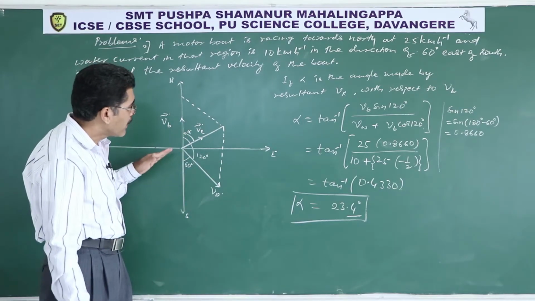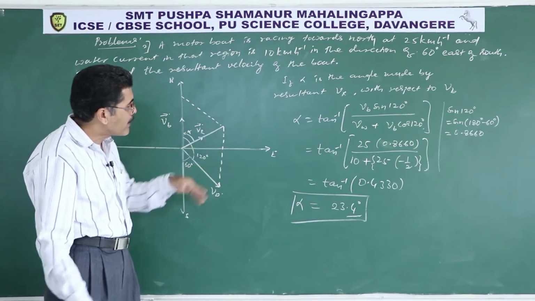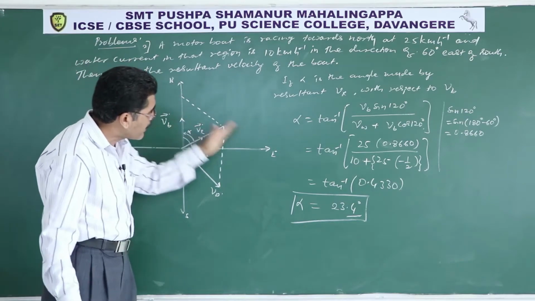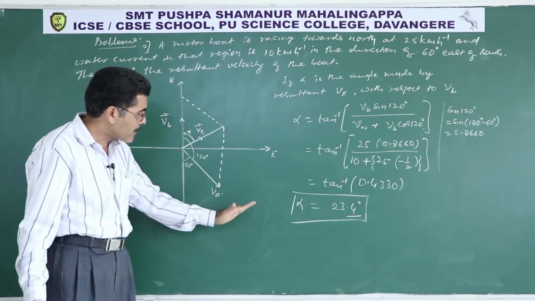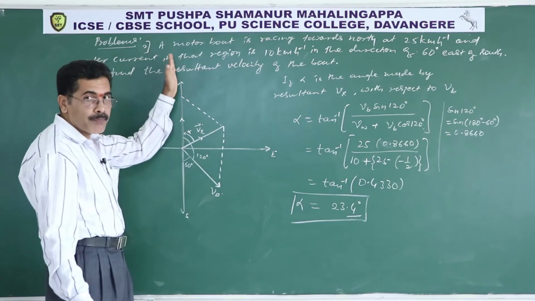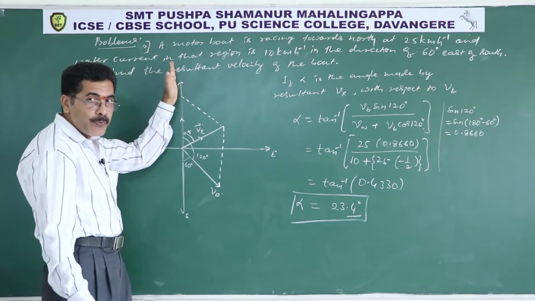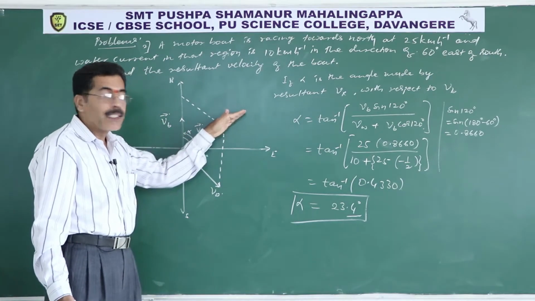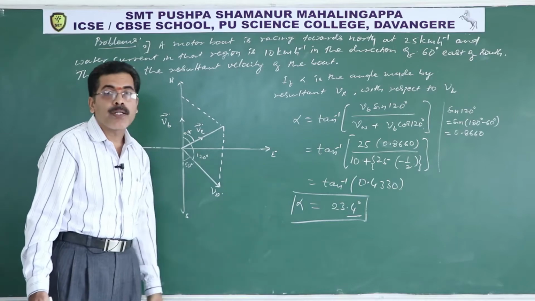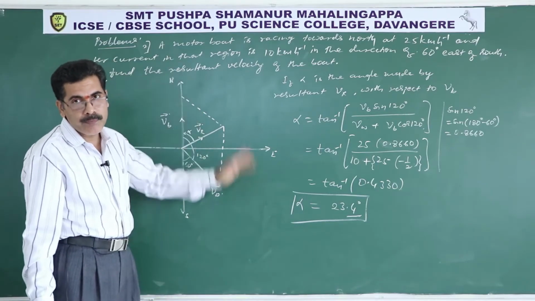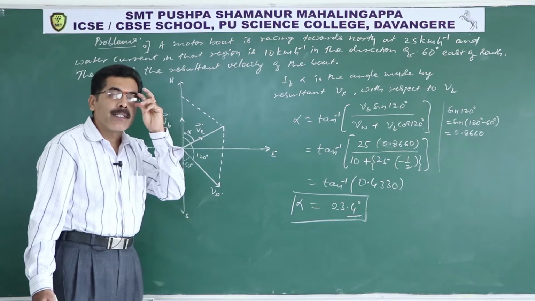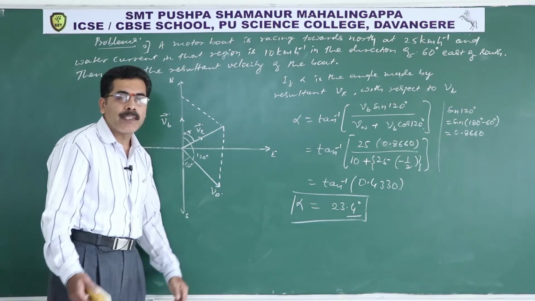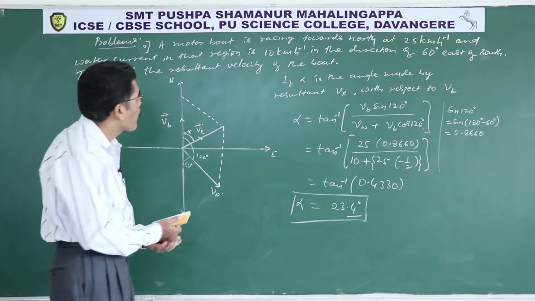This indicates in which direction the boat will move: water current is in this direction, the boat is moving northward, and due to that the boat finally moves in this direction, making an angle 23.4 degree with respect to the north. That's how we calculate the magnitude and direction of the resultant velocity of the boat.